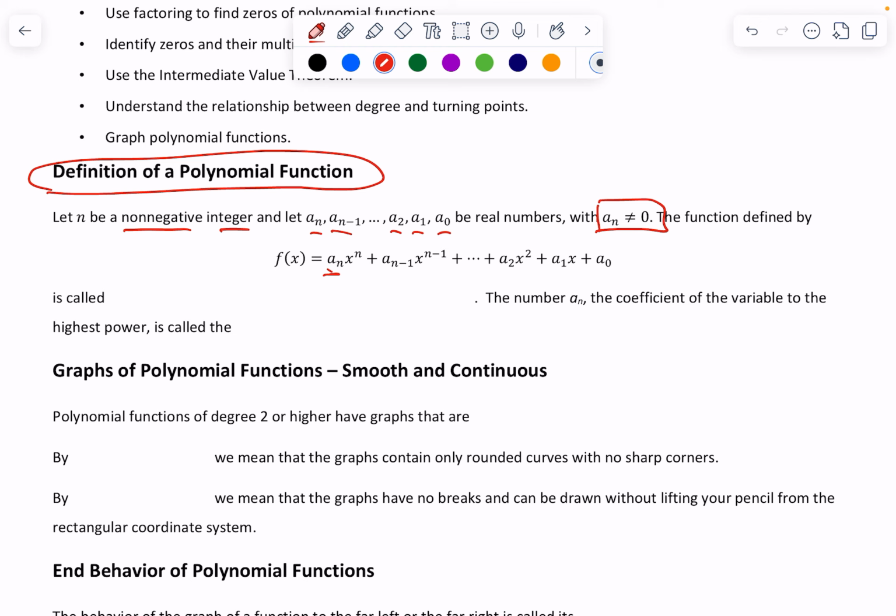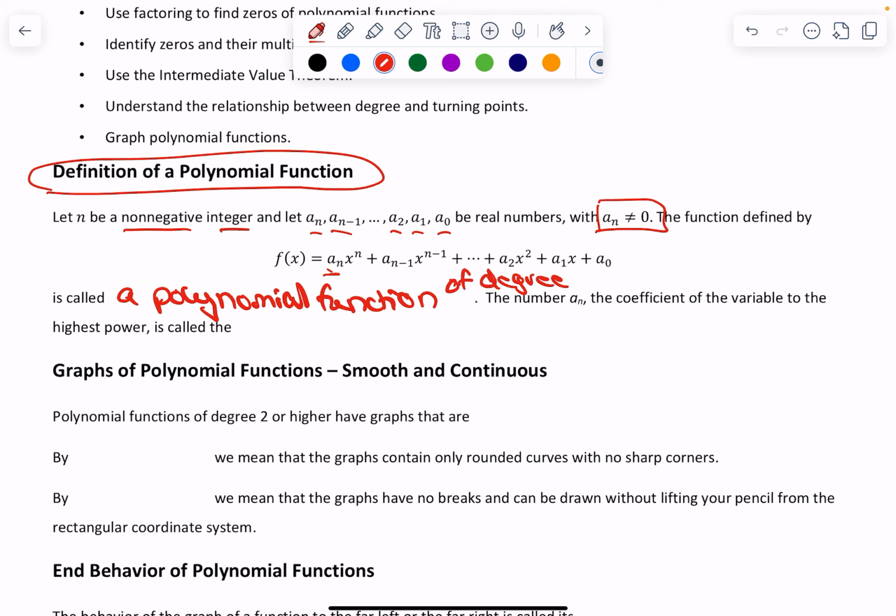So this is called a polynomial function of degree n, and the n comes from the exponent. We've talked about this already a little bit.